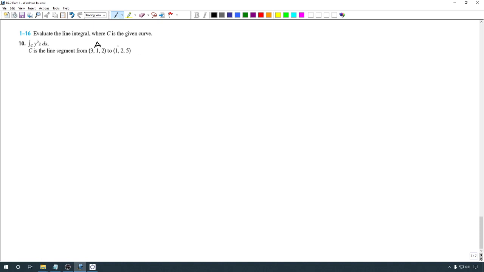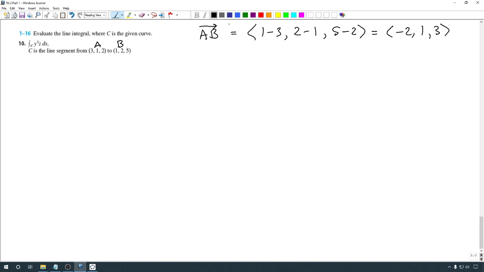Maybe I'll call this A and B. So the vector from A to B, I'm going to subtract the values of A from the values of B. So we have 1 minus 3, we have 2 minus 1, and we have 5 minus 2. So we get (-2, 1, 3).